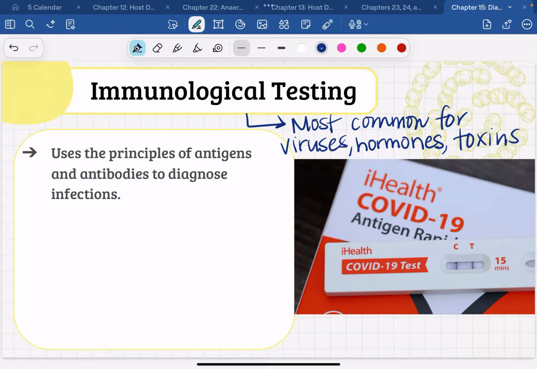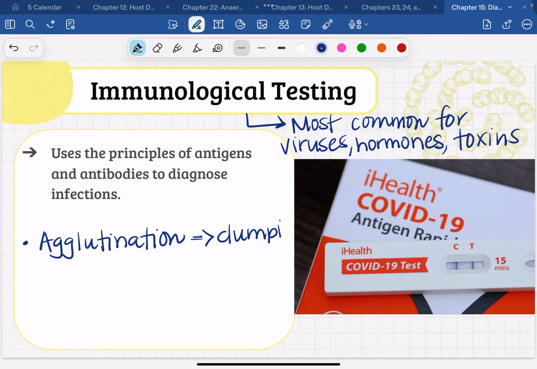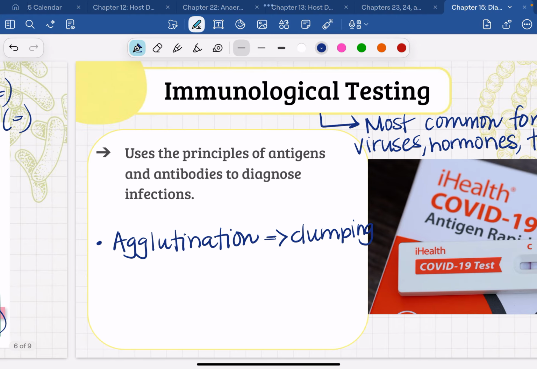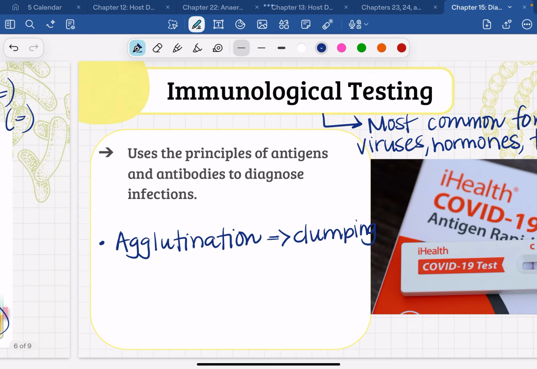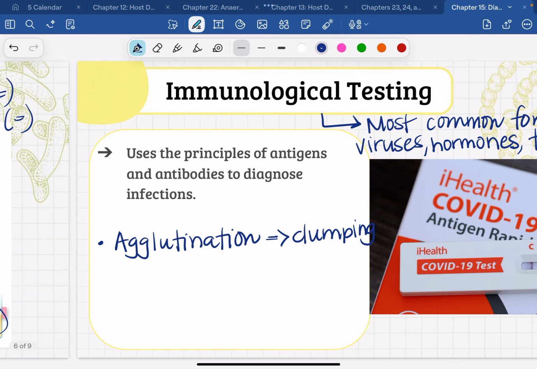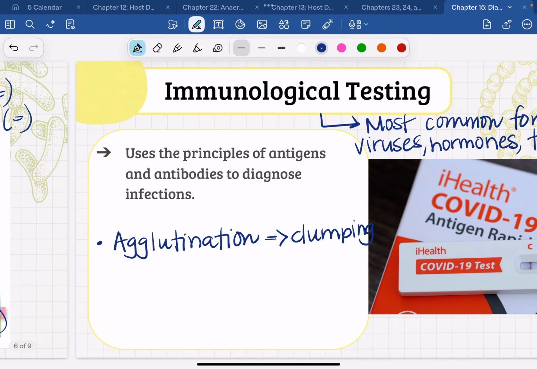And one of the bases of immunological testing is the idea of agglutination. And I'll move it over in a second. But agglutination is basically clumping or coagulation. And agglutination happens when a specific antigen finds its specific antibody.